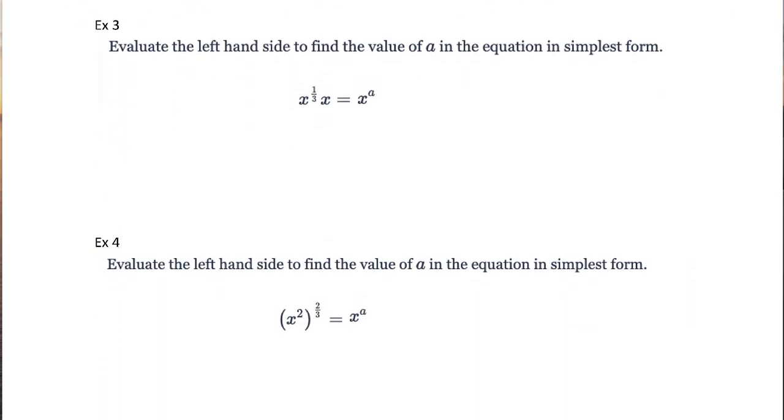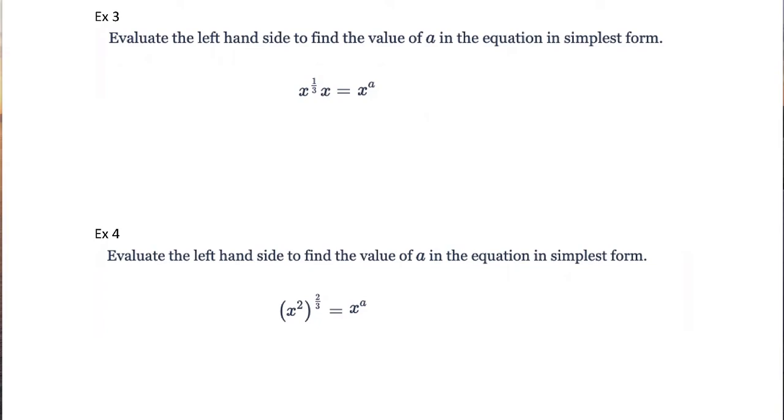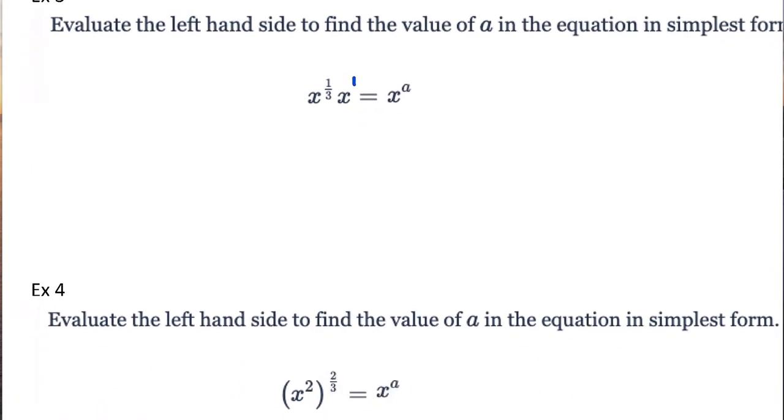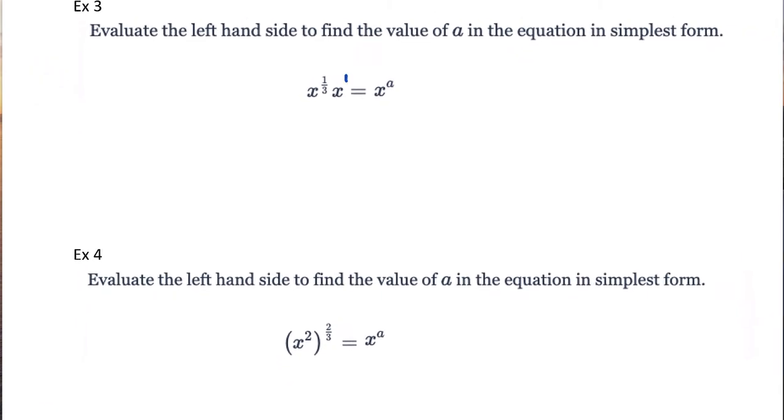All right, take something like this. Evaluate the left-hand side in the simplest form. Remember, this is x to the first. So basically they're saying, take the left side, simplify it, and tell me what a is. We have x to the 1/3 times x to the first. Going back to our rules, that's x to the 1/3 plus 1.